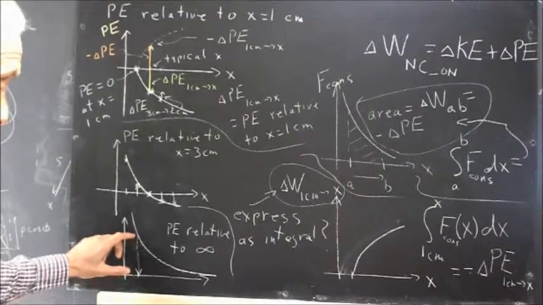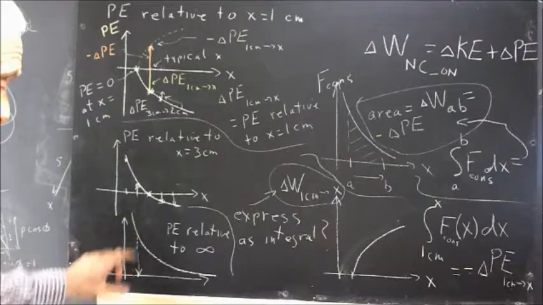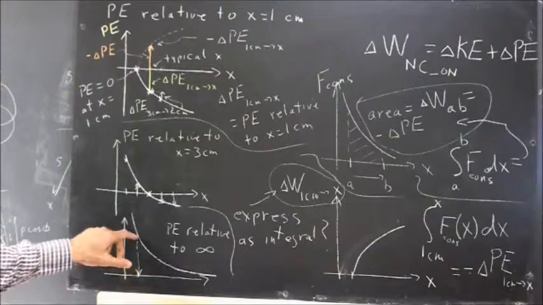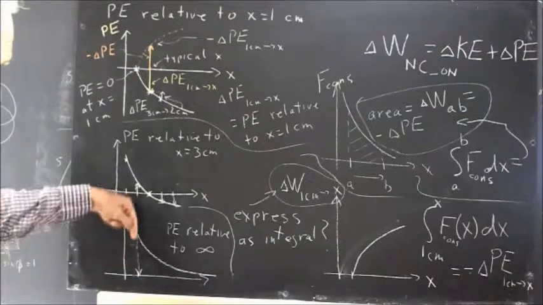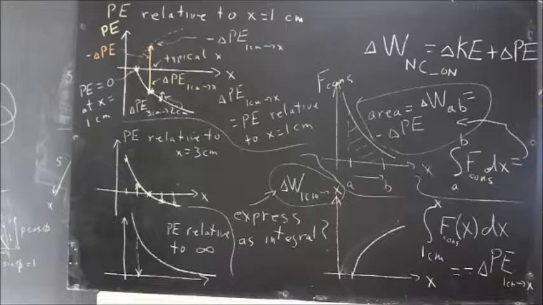Okay? The potential energy at this point to the potential energy at infinity. The potential energy at infinity minus the potential energy at this point is represented by this vector. And you might want to think about why that's the case.